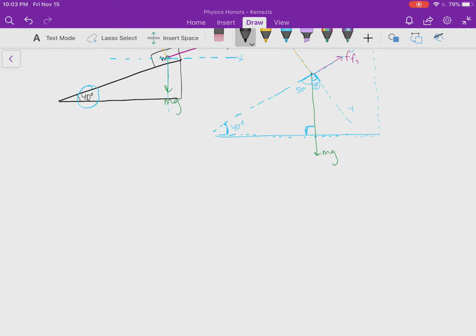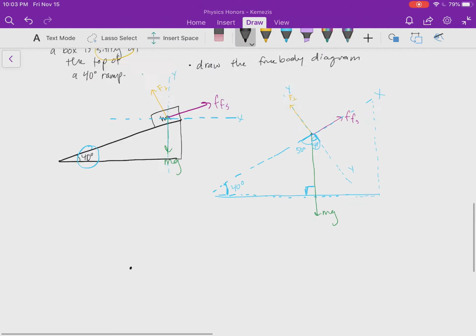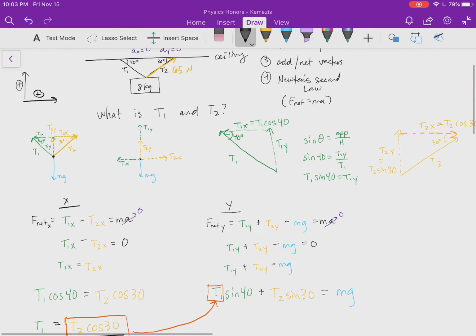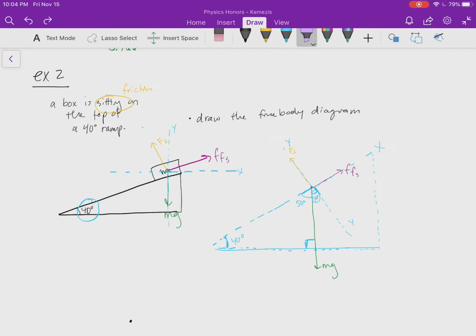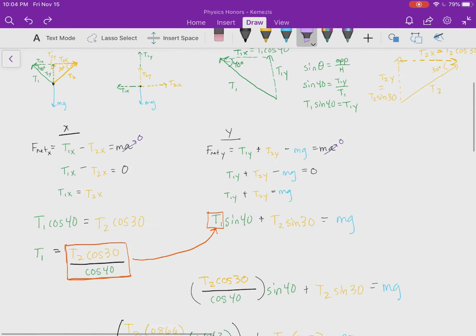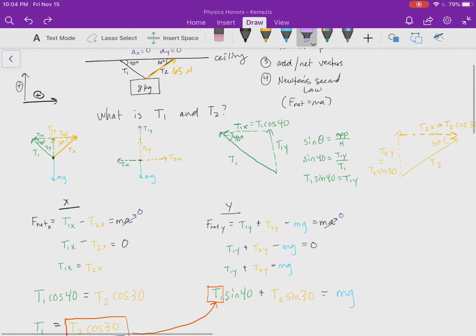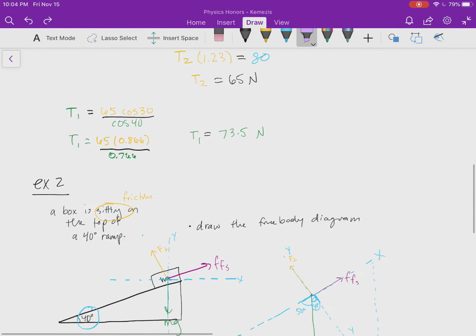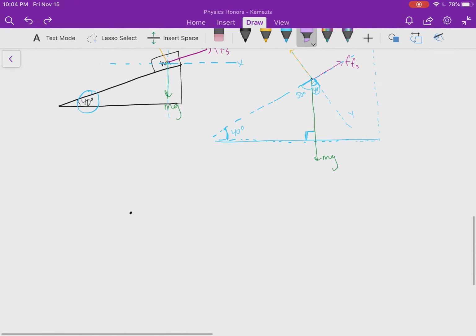I'm just going to redraw our free body diagram here. I'm going to do something that is helpful, I think. I'm going to draw our free body diagram like this one, where we're taking the components and putting them into their respective X and Y areas.